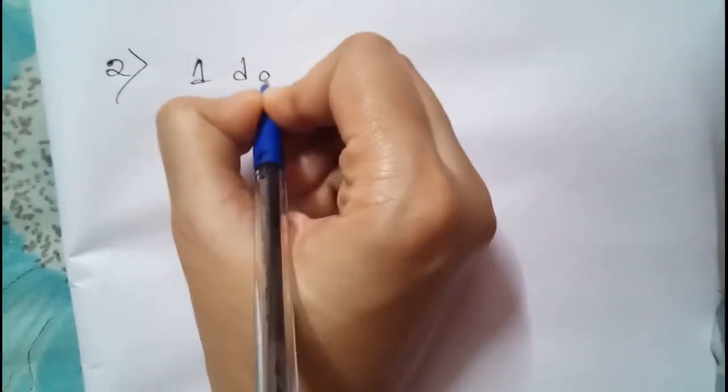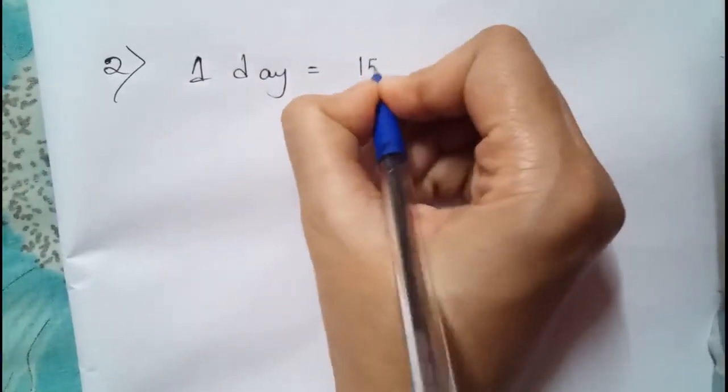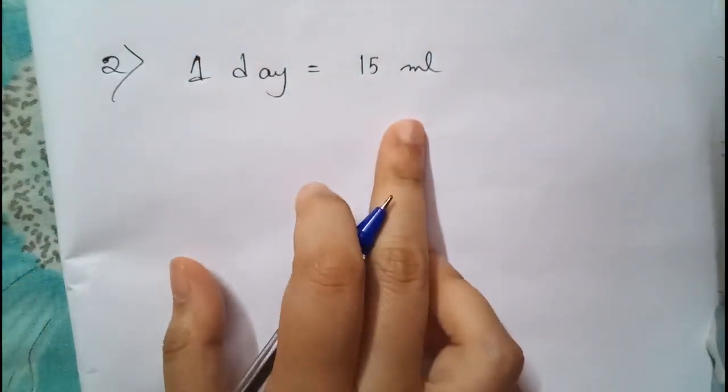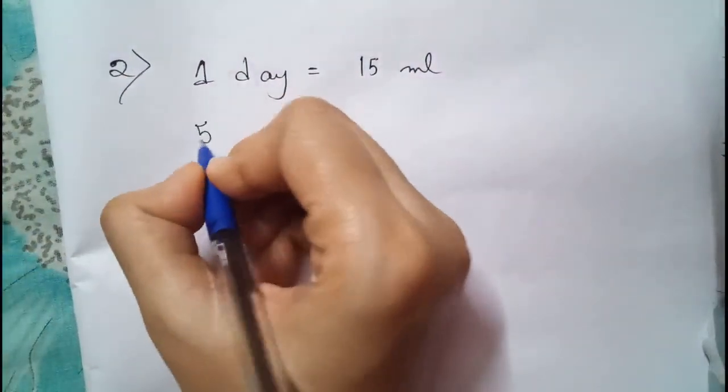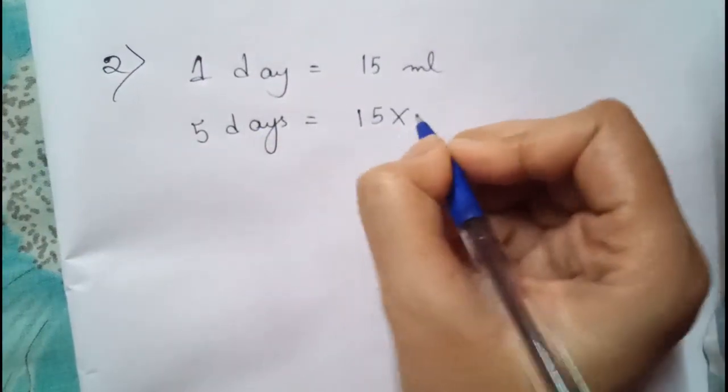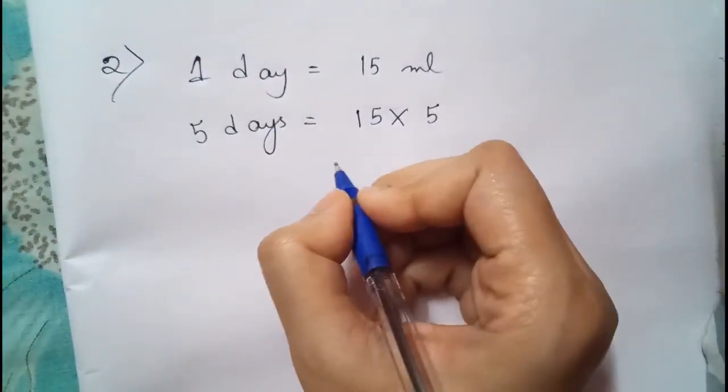Okay. And question number 2 was how much medicine Nitu will need in 5 days. So in one day Nitu will need 15 ml of medicine that we already have calculated, and so for 5 days what we will do, we will simply multiply it, 15 into 5.